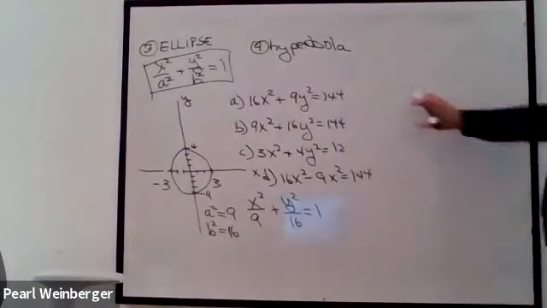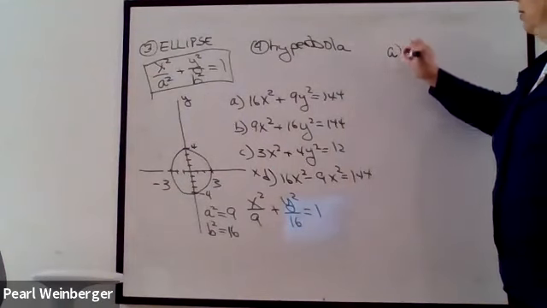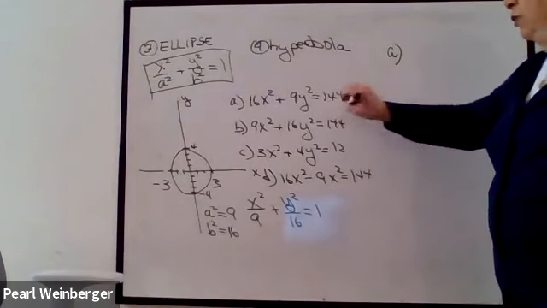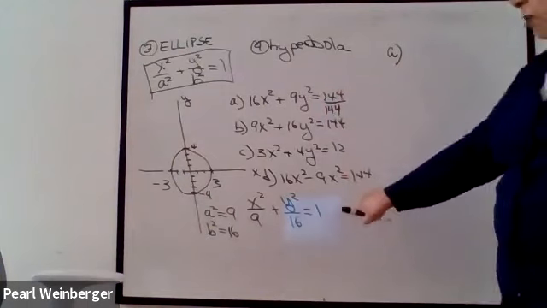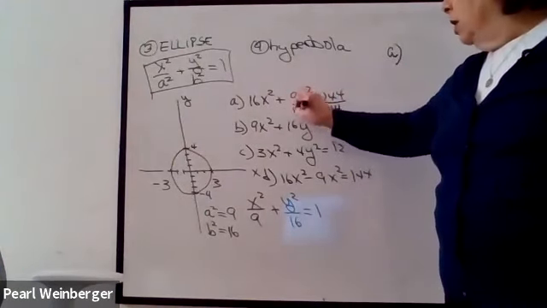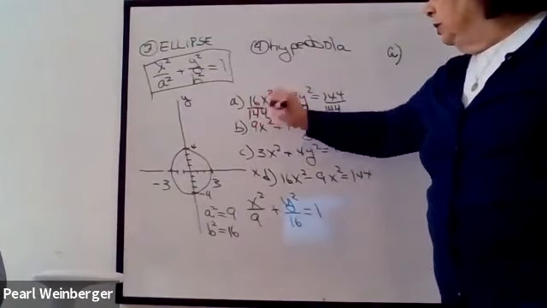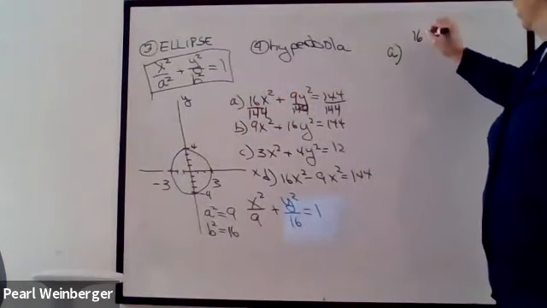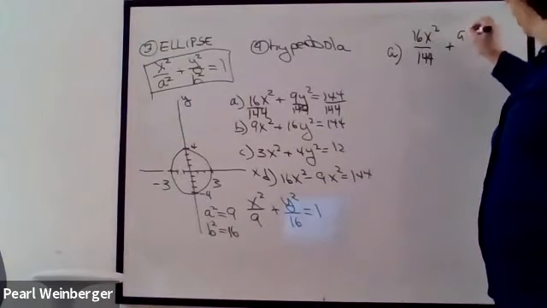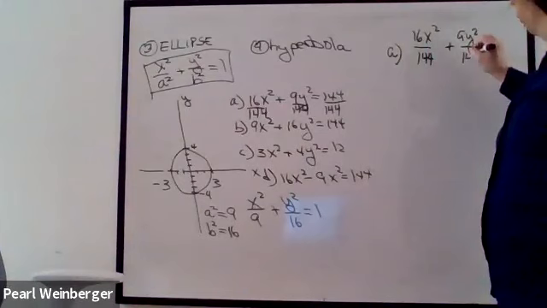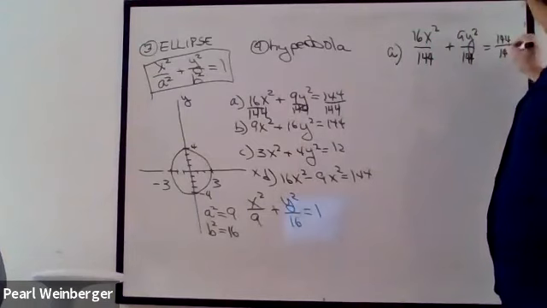So let's remember how we put something in standard format. Let's take number A. We'd have to divide everything by 144 because the standard format is equal to 1. So we get 16x squared over 144 plus 9y squared over 144 equaling 144 over 144.